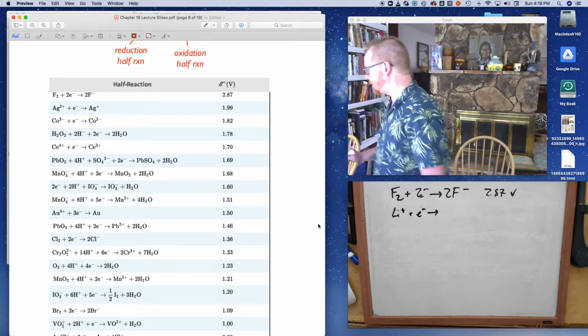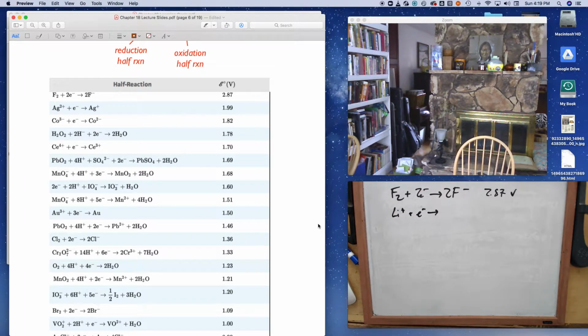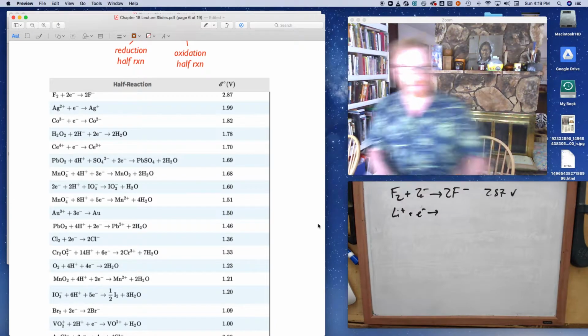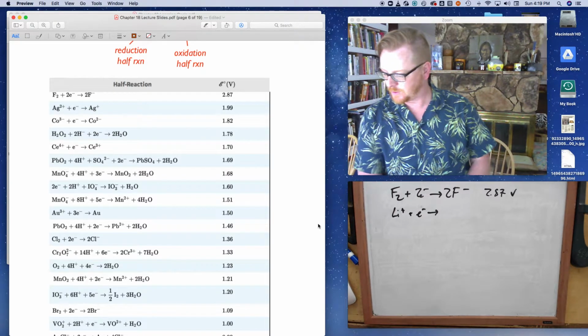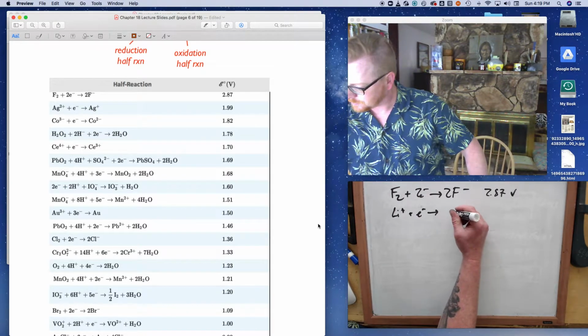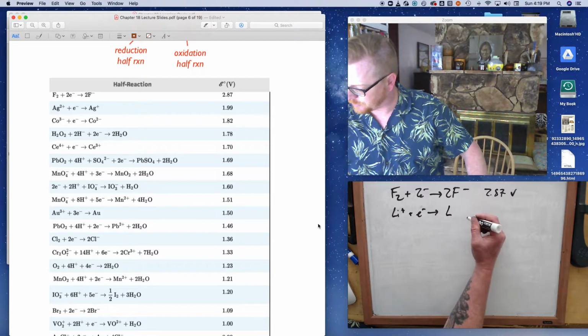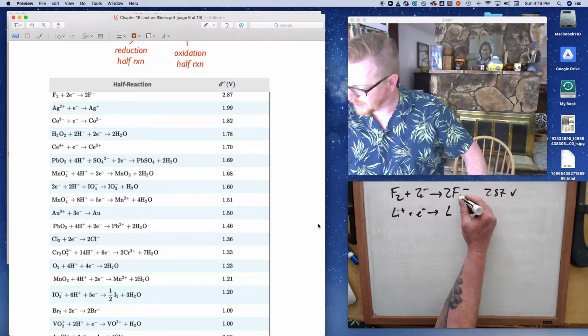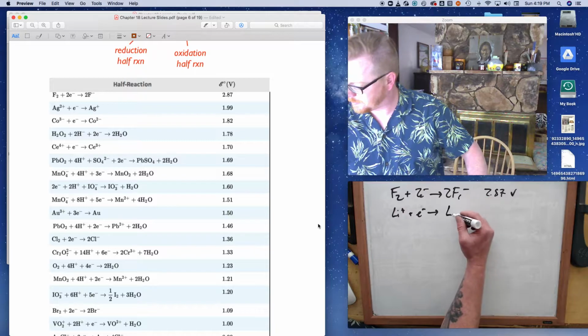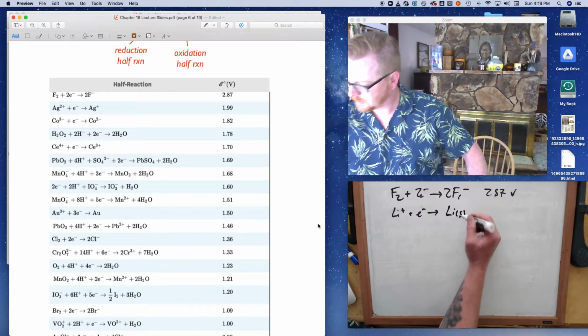Let's see here, I need to get my book and look this up. It's about negative 3 something volts, and of course I forgot to look that up for you. So, lithium solid.